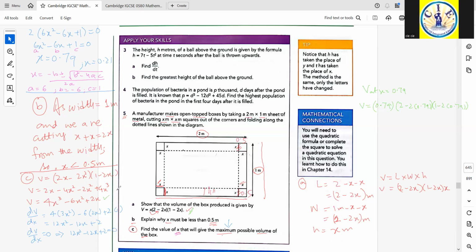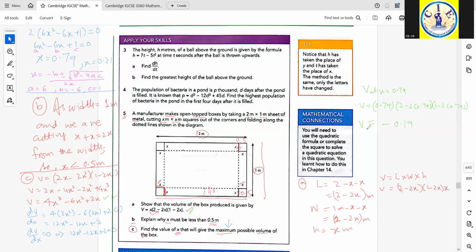I'm going to use this relation because it is a bit simpler to calculate: 4 times 0.79 cubed minus 6 times 0.79 squared plus 2 times 0.79.